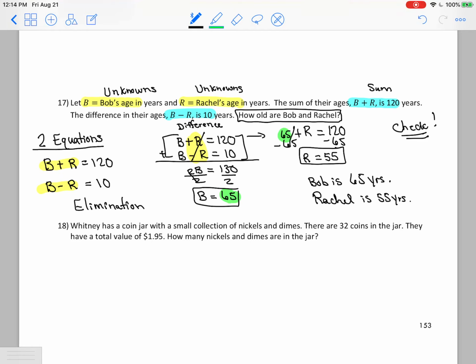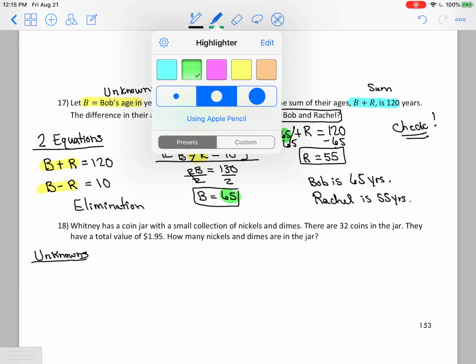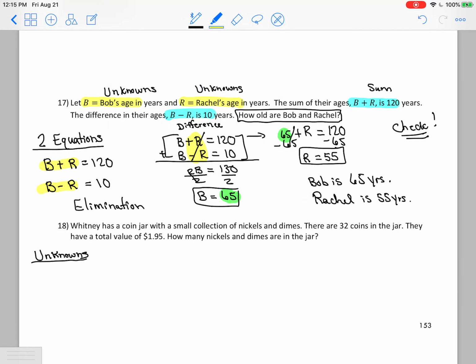All right, so we have a little more work to do on this one, but no worries, we can handle it. I always like to start by defining my unknowns. Let's do some highlighting here. We know we have nickels and we have dimes.